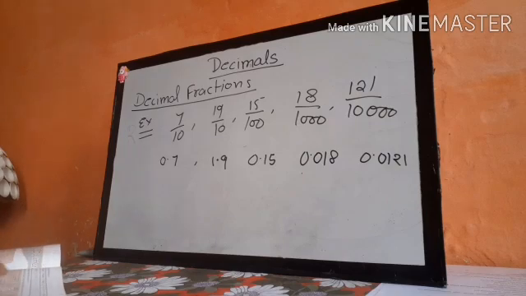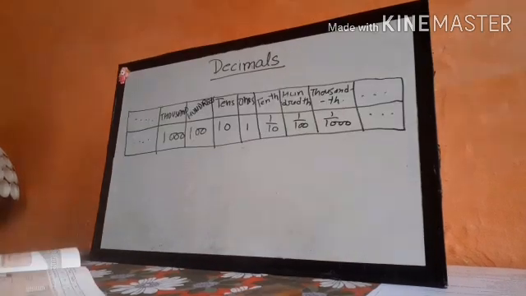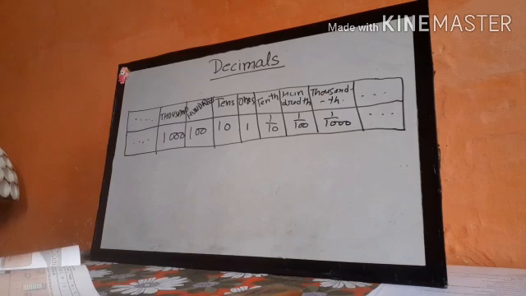One more thing that will be new for you, let's talk about it, and that is the place value table. Students, we are already familiar with the place value table. We know that in a place value system, when we move one place from right to left, its place value becomes 10 times.